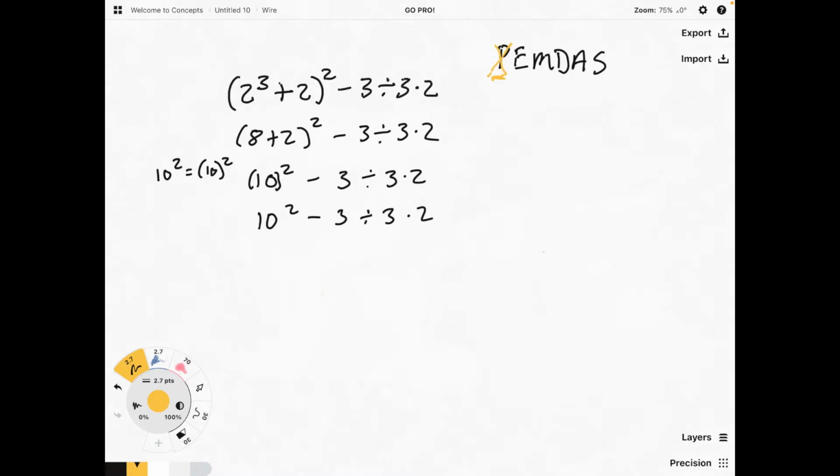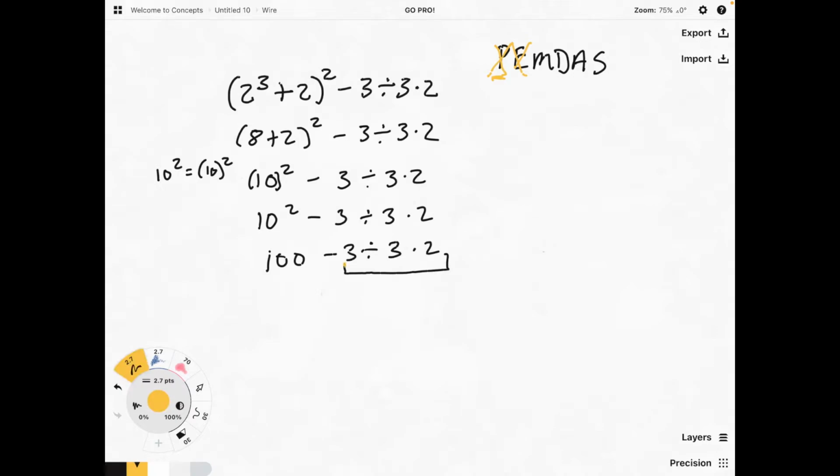The only exponent we have is the first one, 10 squared, and that's 100, minus 3 divided by 3 multiplied by 2. Now we are done with exponents. Do we have multiplication or division? We do, so we have to look at the division and the multiplication here.